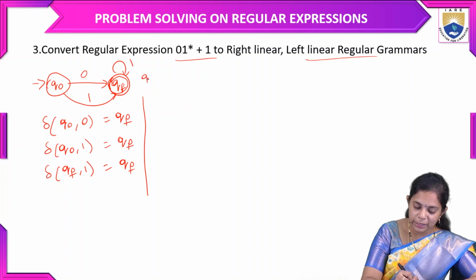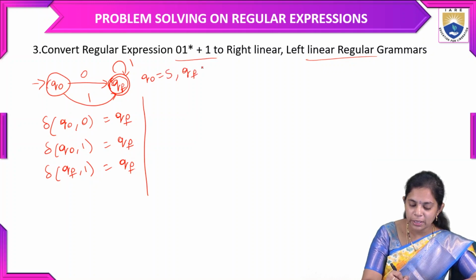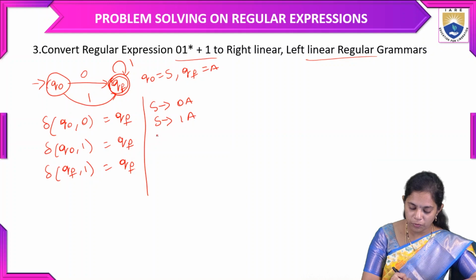So let me write Q naught as S and QF as A. So here S tends to, with the 0 input, it is reaching A, and S tends to, with the 1 input, it is reaching A. And here also with A, with the 1 input, it is reaching the final state.